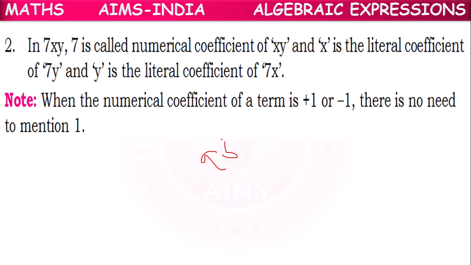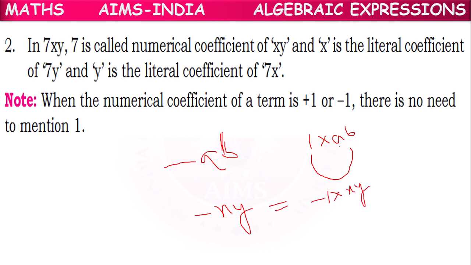Suppose we have AB. There is no numerical number in front of AB, so at that time we have to consider it as 1 into AB. So 1 is the numerical coefficient of AB. Or minus xy, we can write it as minus 1 into xy, so minus 1 is the numerical coefficient of xy.